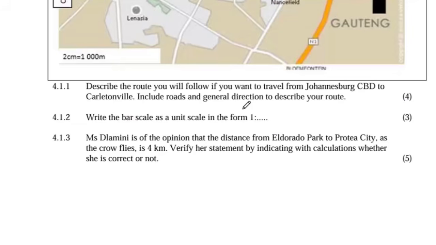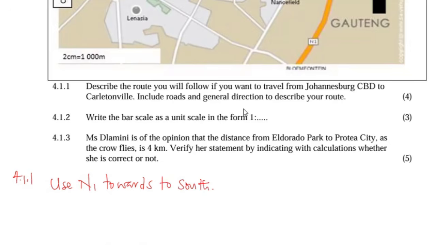Okay, so now here we shall say, use, you can say use. Can I write here? 4.1.1. Use N1 towards what? Towards the south.